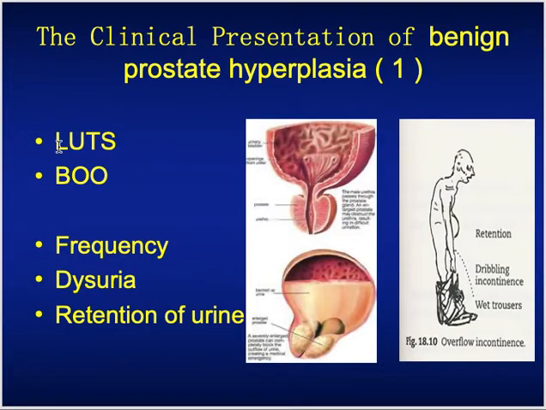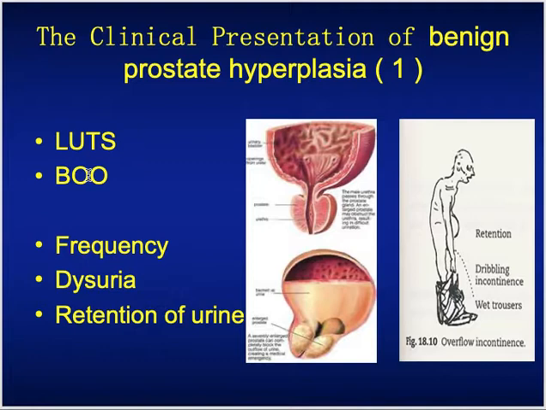I was talking about lower urinary tract symptoms, and BOO is bladder outflow obstruction. Anyone who has BOO, it means there is no urine at all, there is complete obstruction. There could be partial obstruction as well. So simply, these are two things which are there.